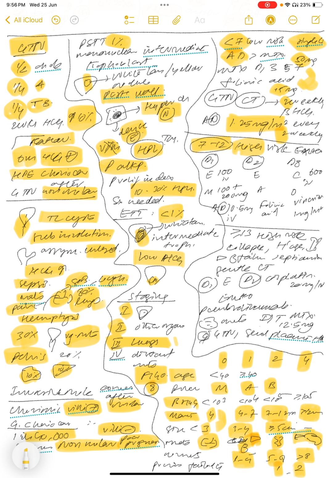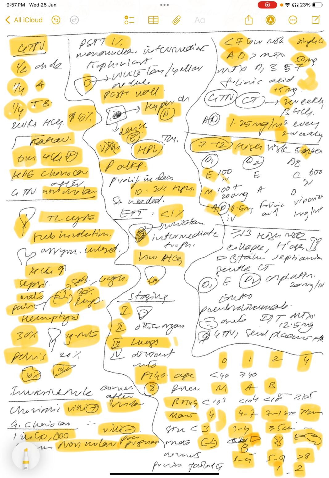A score of 7 to 12 is known as high score. Here you give EMA-CO. First you write EMA-CO and scratch off the M. On day 1 you give EMA: etoposide 100 per meter square IV, methotrexate 100 plus 200 IV, and actinomycin D 0.5.